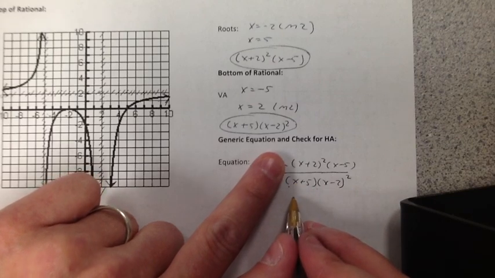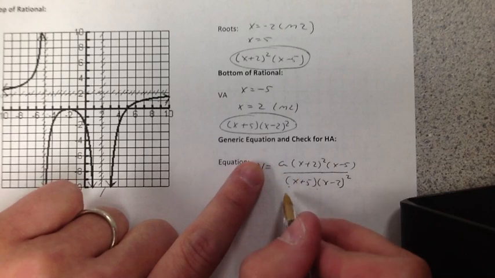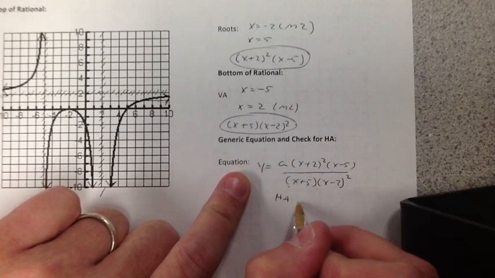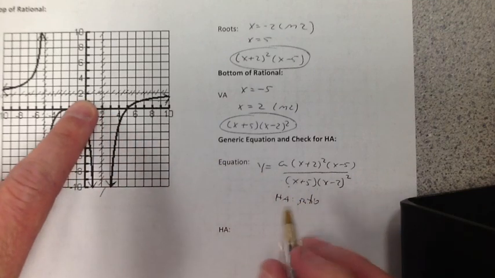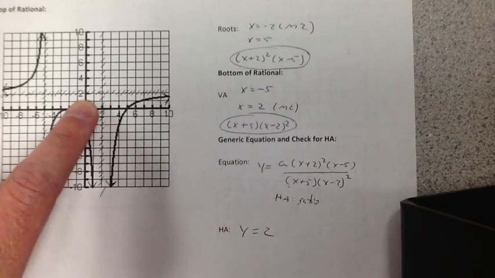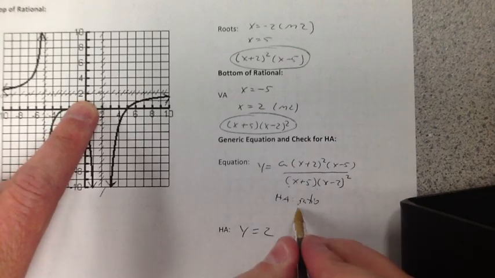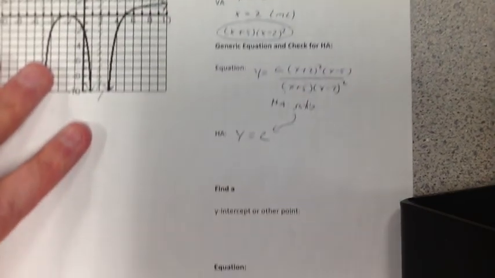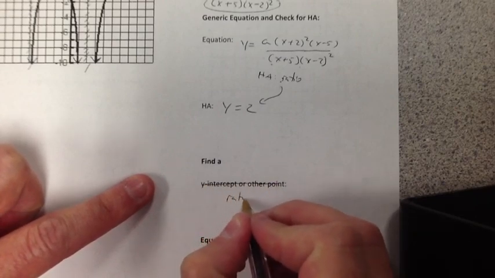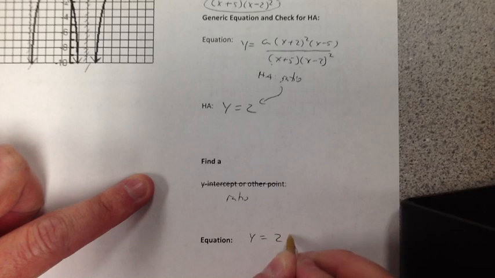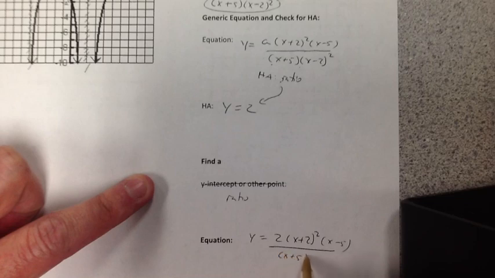This is our ratio. We're going to use the ratio, so the horizontal asymptote will be the ratio. Looking over here, we have the horizontal asymptote y equals 2. And there's our ratio, which helps me find a. So again, I just use the ratio in this case. So I get y equals 2, x plus 2 squared, x minus 5 over x plus 5, x minus 2 squared.